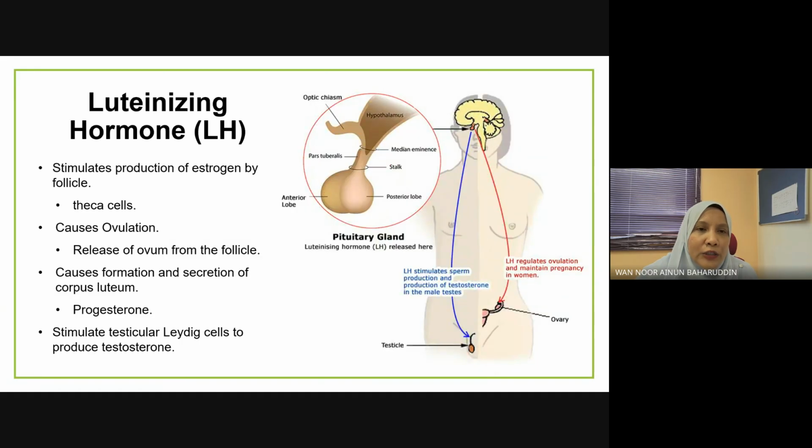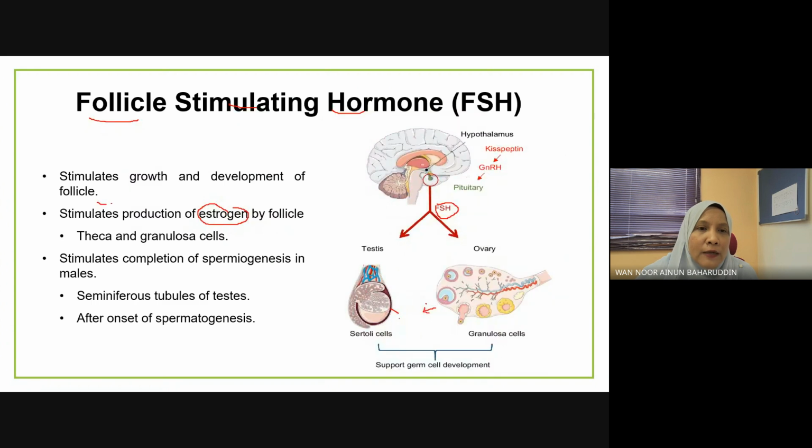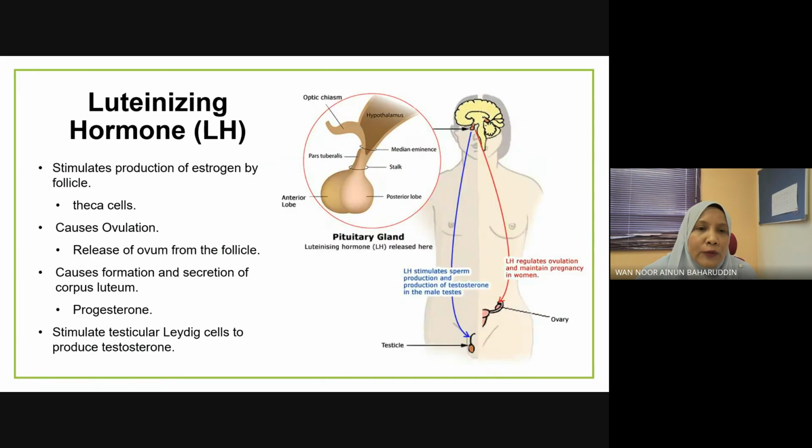Then we do have LH, luteinizing hormone. Okay, FSH tadi adalah follicle. Sebab tu nama dia follicular stimulation, growth and development. Kalau LH, what we call as to stimulate production of estrogen by the follicle and theca cells. And the LH is the major hormone that causes ovulation.